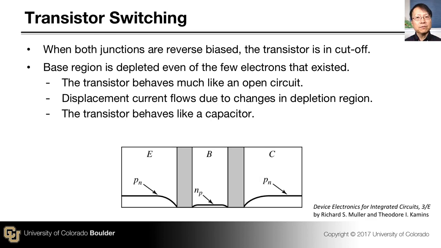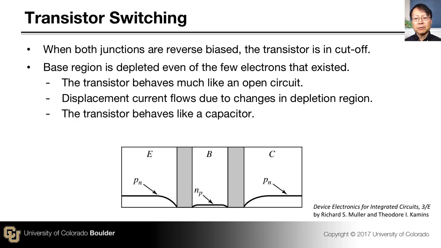Now, the off state of the transistor is cutoff, which is the state where both junctions are reverse biased. In that case, the minority carriers in the base region are pumped out into the emitter and also into the collector. So the minority carrier density in the base region decreases and reaches almost zero. The transistor in this case passes no current and acts like an open circuit.